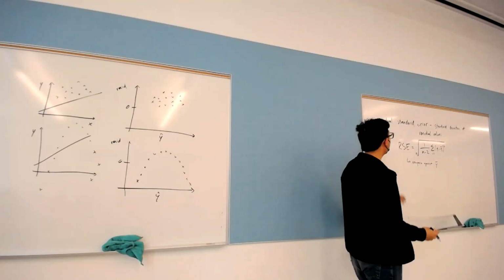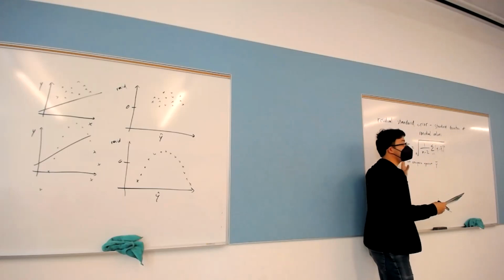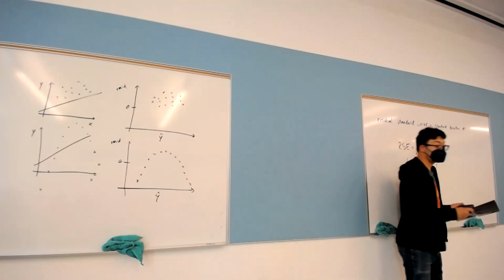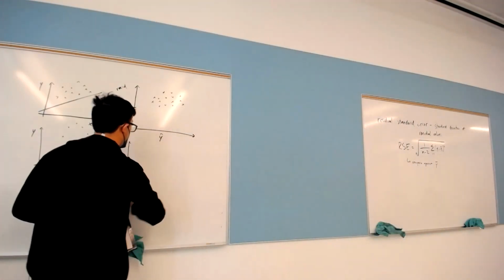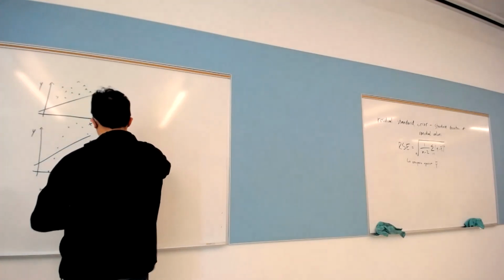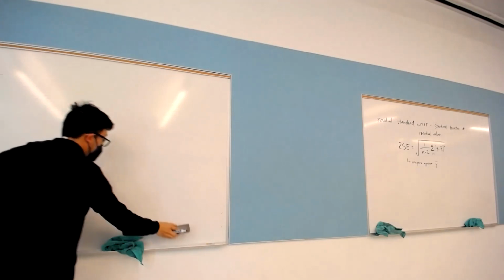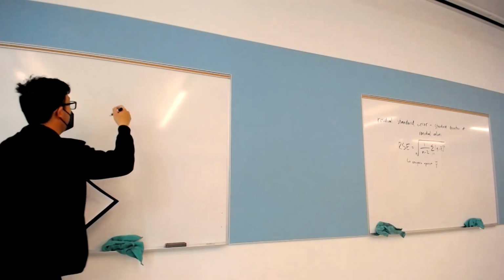Okay, so the residual standard error is a helpful metric in some ways, but it's actually not all that common, I would say, to use this metric. But there is a similar concept that is widely used called the mean squared error.